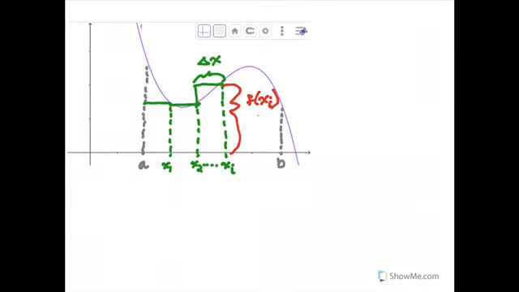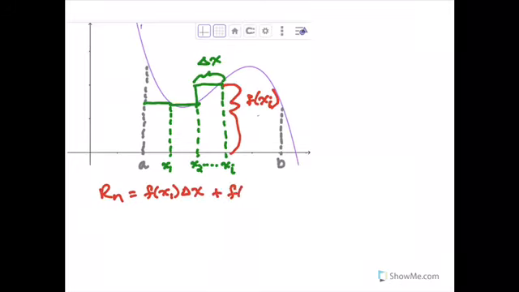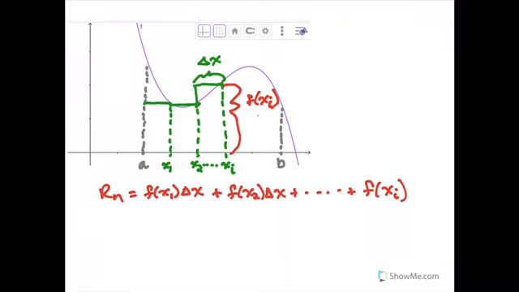So since I picked the right-hand side here, we could say R sub n is equal to the function evaluated at x1 times the base of delta x, plus the function evaluated at x2 times delta x, plus all those x values in between, going up to x sub i.